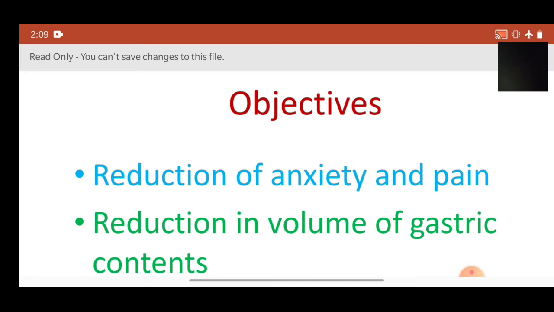The second objective is to control the gastrointestinal tract, GIT, to avoid vomiting or a nauseating feeling. This is possible by these drugs. These drugs reduce the volume of gastric content.